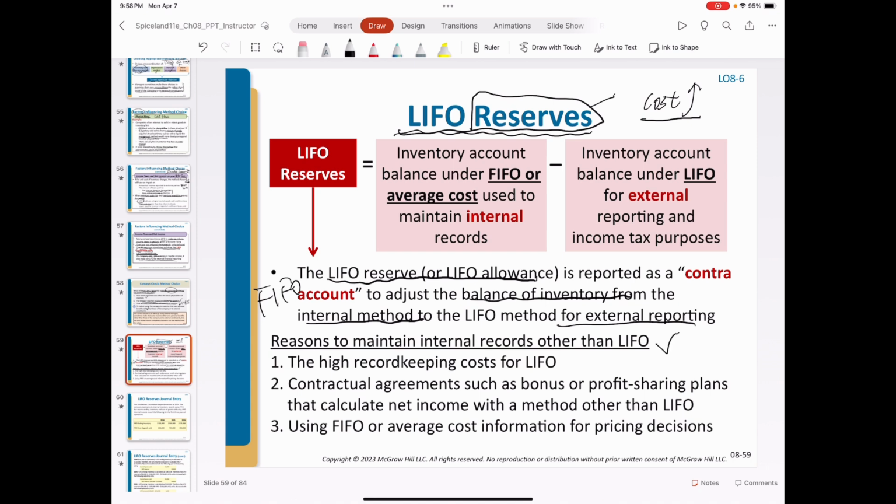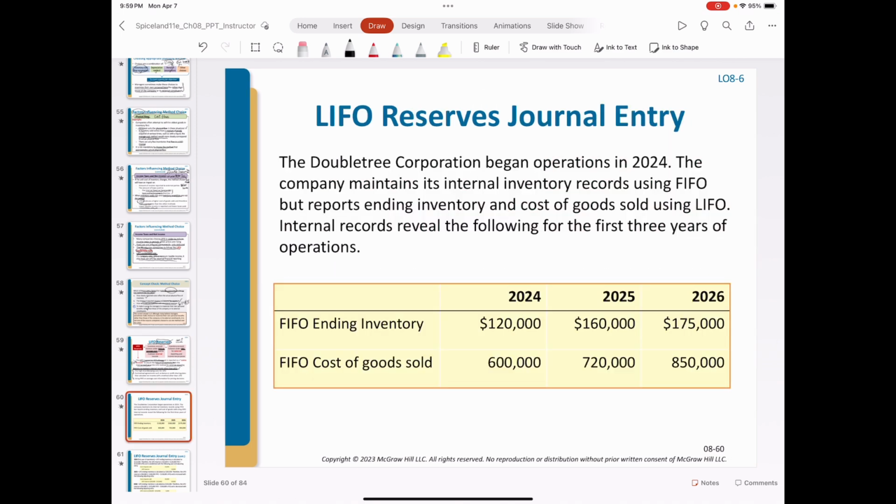Why does the company use other methods to maintain internal records? Here are the reasons. Here the company uses FIFO for internal reports.